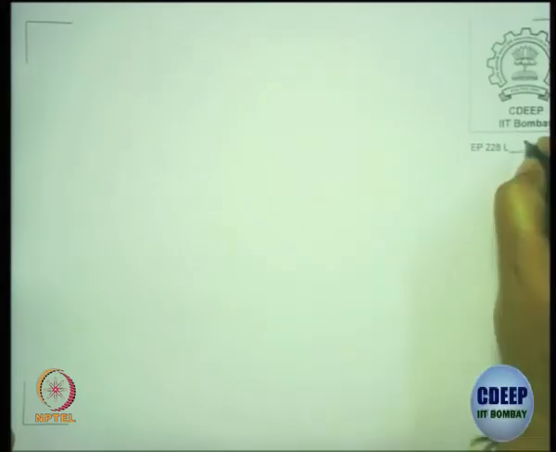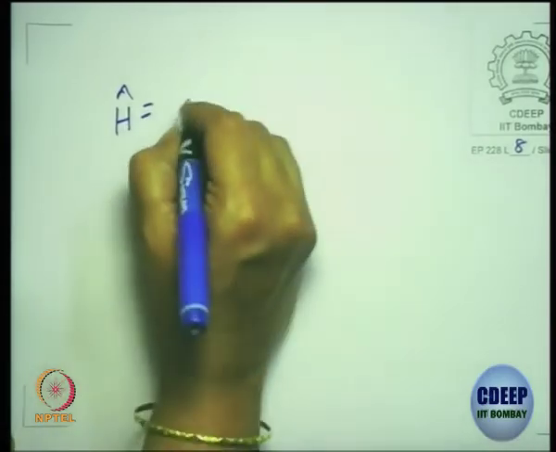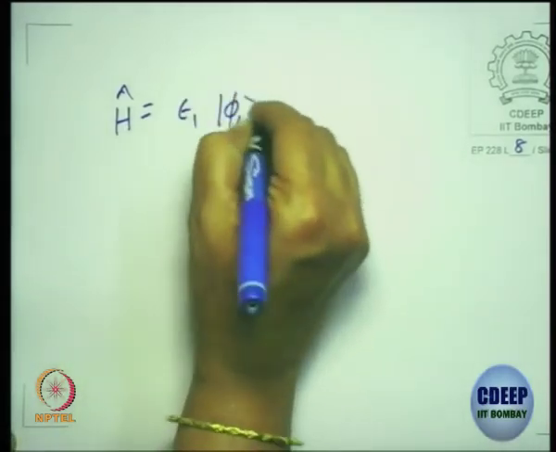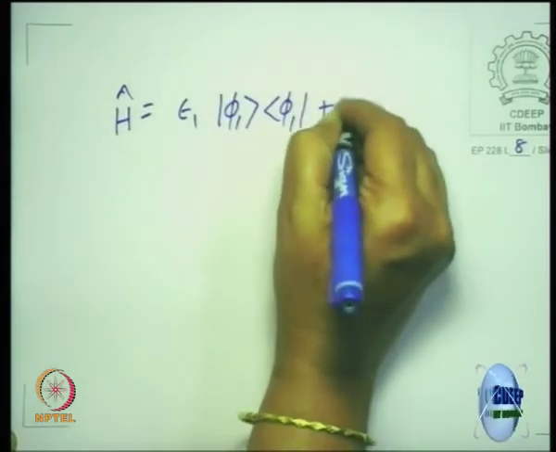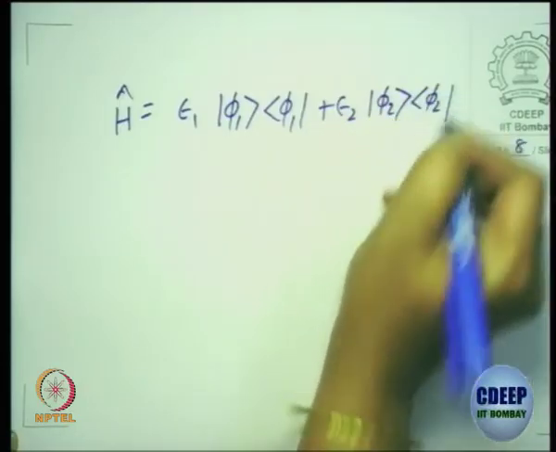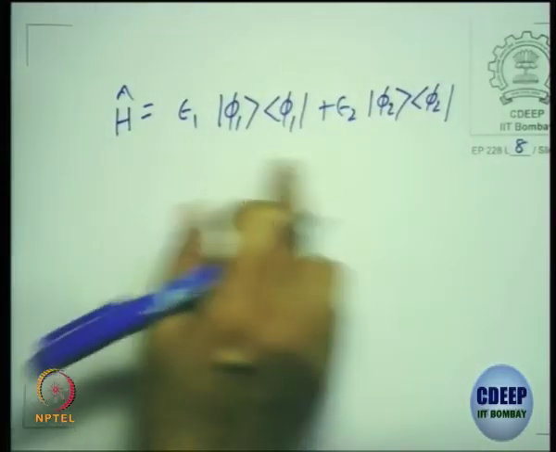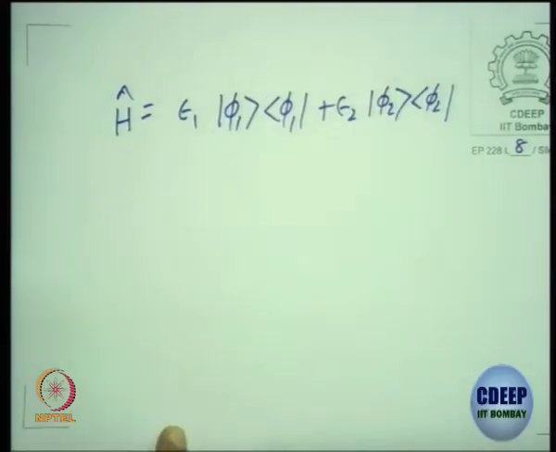So, suppose I give you that the Hamiltonian is given to be epsilon 1 |phi 1><phi 1| plus epsilon 2 |phi 2><phi 2|. What does this mean? These two are like the projection operators. There are no cross terms.